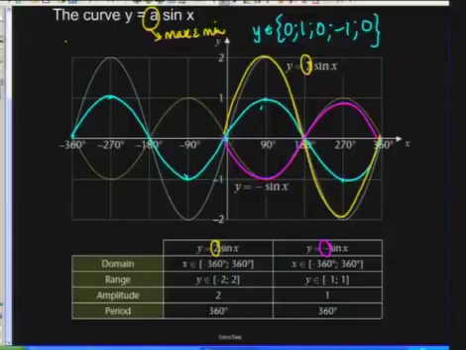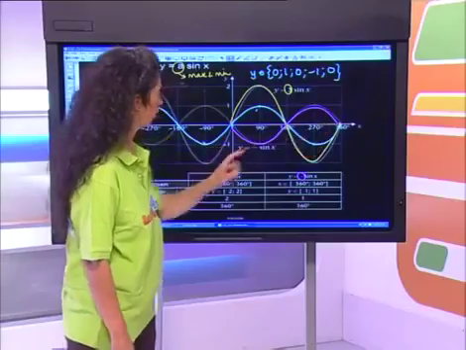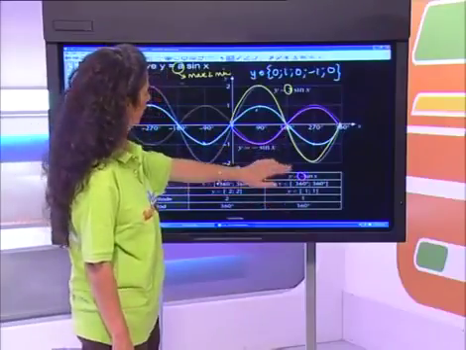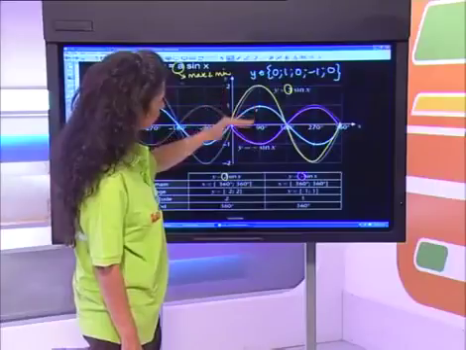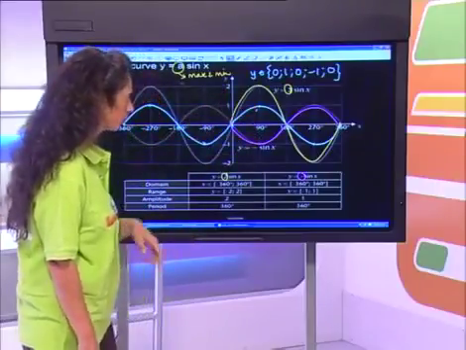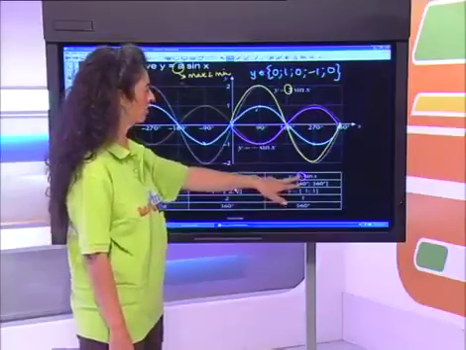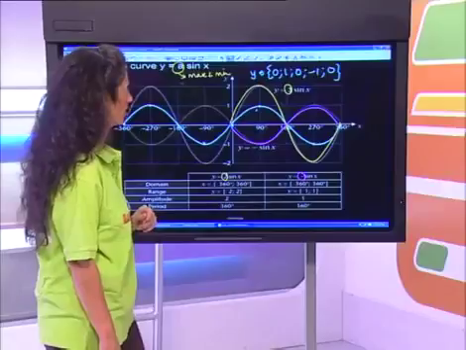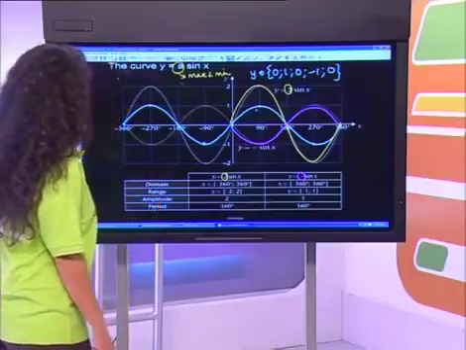Take your parent graph, multiply it by the new coefficient, and we've got the yellow graph if it's 2, and we've got the purple graph if it's -1. Notice, it's just the reflection of the blue graph about the x-axis. So we've inverted every single blue value by a factor of -1 across the x-axis. So that would be our amplitude change.